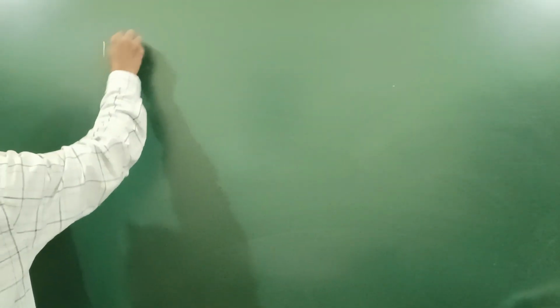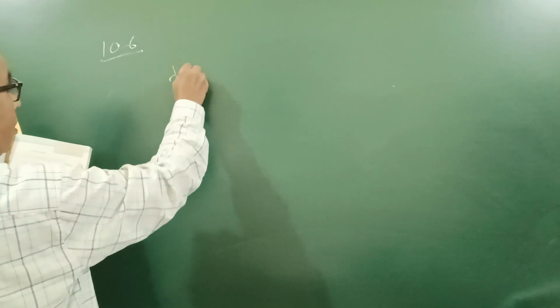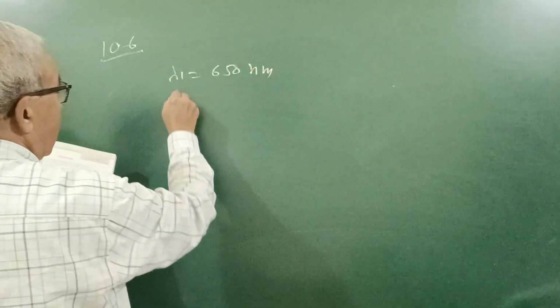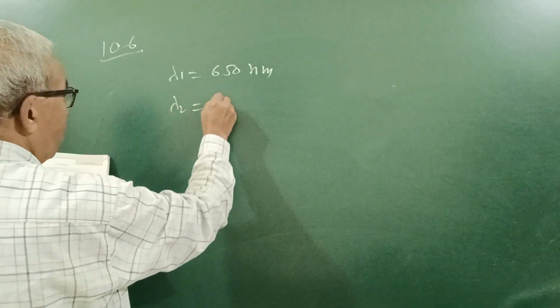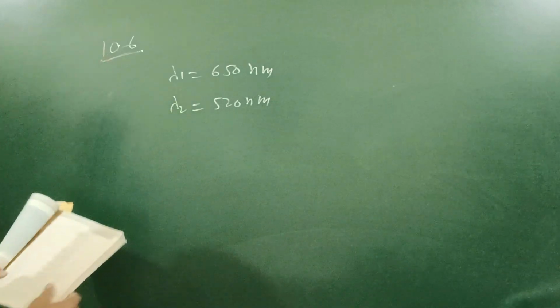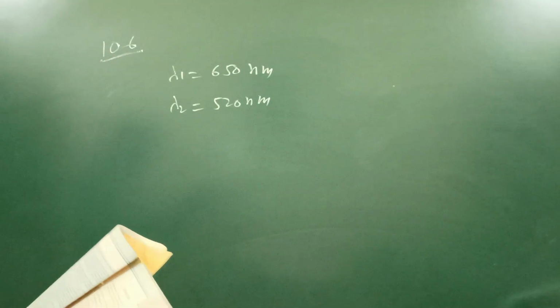Question 10.6 from the NCERT book. A beam of light consisting of two wavelengths, lambda 1, 650 nanometer, and lambda 2, 520 nanometer, is used to obtain interference fringes in Young's double-slit experiment.